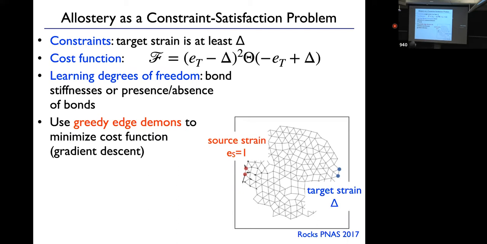And then I'm going to tune my learning degrees of freedom, which are the presence or absence of a bond, or the bond stiffness, or the equilibrium lengths, or if it's a flow network, the conductances, in order to minimize this cost function. So I just do gradient descent.